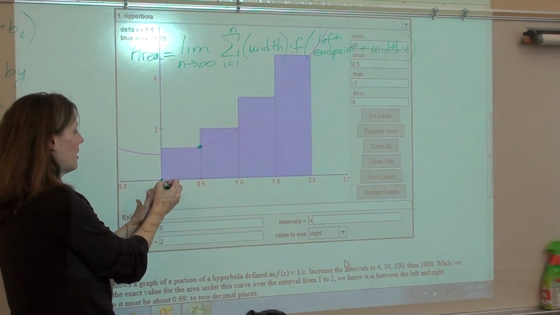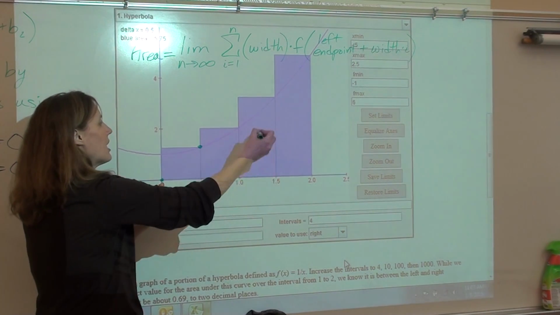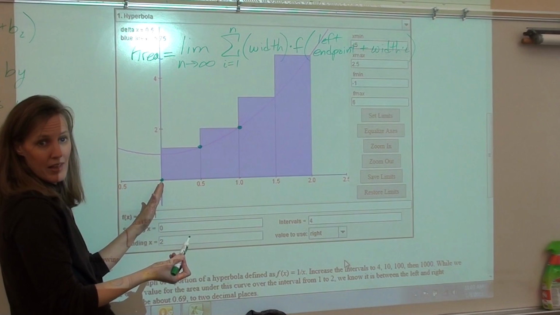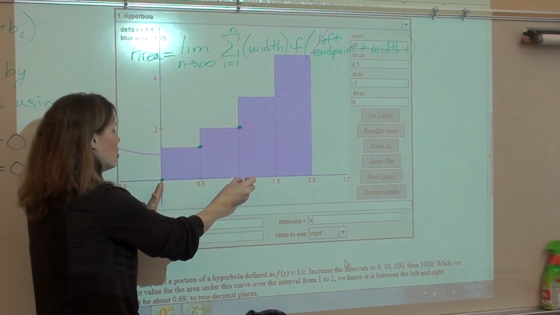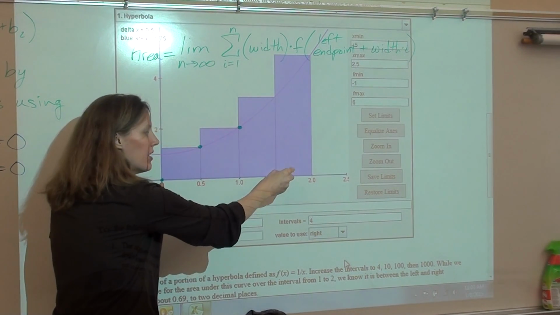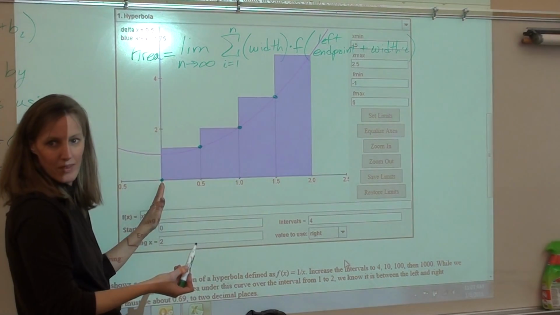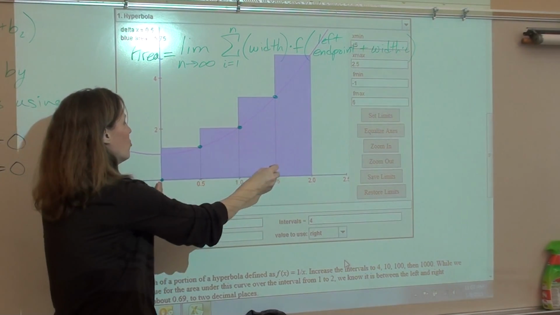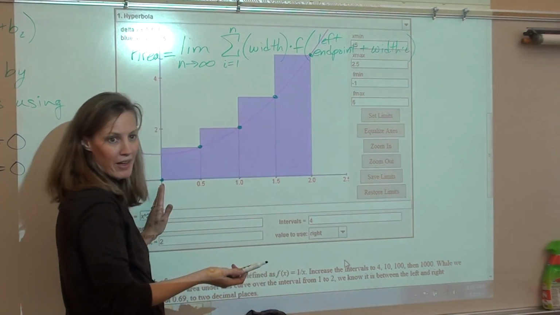If we start at the left endpoint and add two widths, then plugged that into the function, we'd be there. If we start at the left endpoint and add 1, 2, 3 widths and plug that into the function, we get that value, right? And you start at the left endpoint, add 1, 2, 3, 4 widths and plug into the function, you get that value.